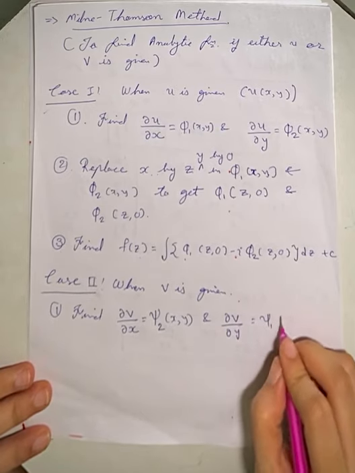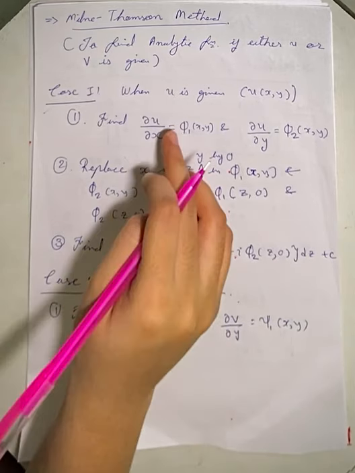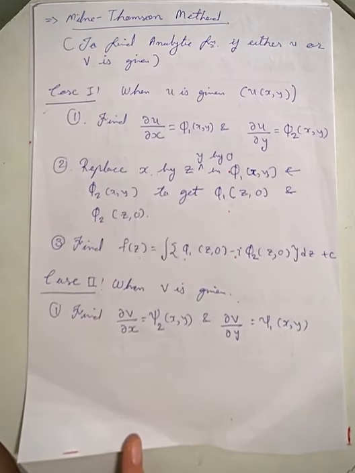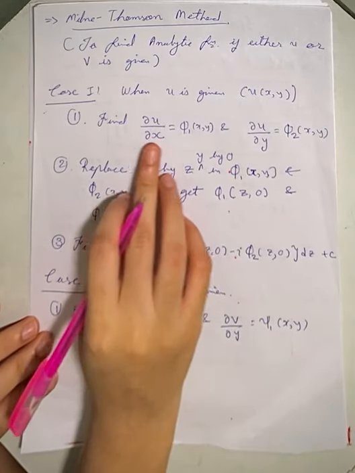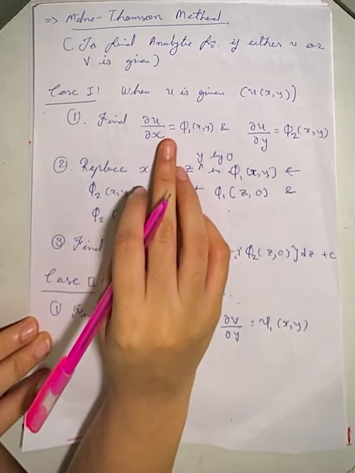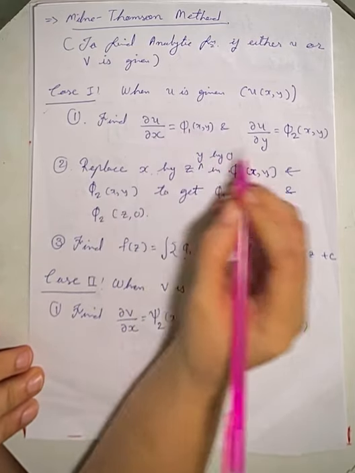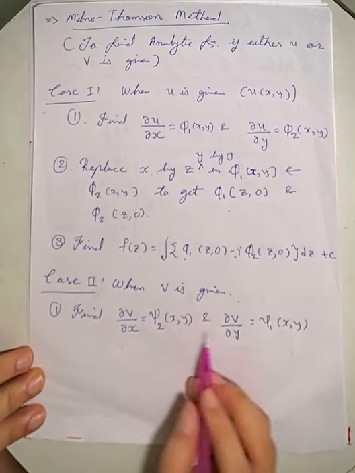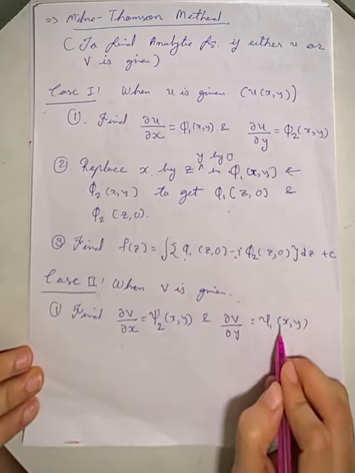This is the only difference; phi and psi are just used to distinguish between the functions of u and v. Here we are using phi's and there we are using psi's. The derivative with respect to x we called phi 1 and the other phi 2, while here it is just the other way around, psi 2 and psi 1.